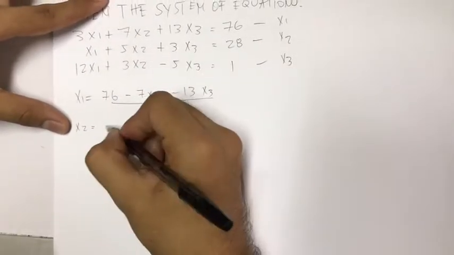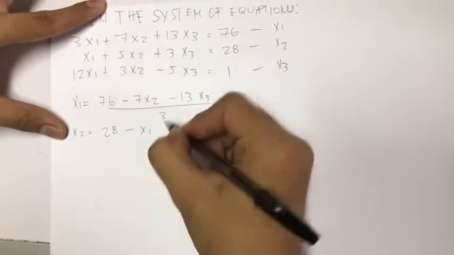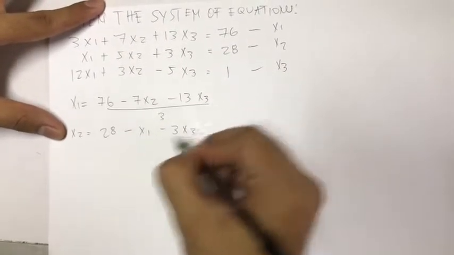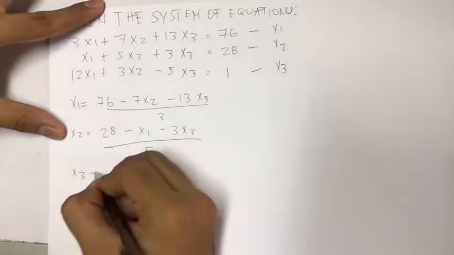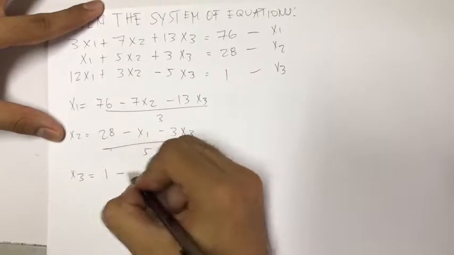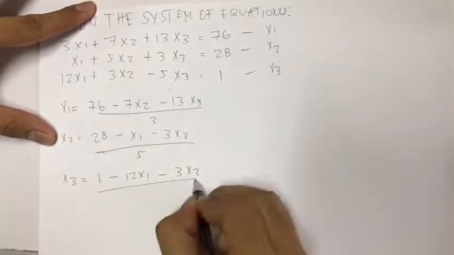Then x2 is 28 minus x1 minus 3x3, all over the coefficient of x2, which is 5. And x3 is 1 minus 12x1 minus 3x2, over negative 5.